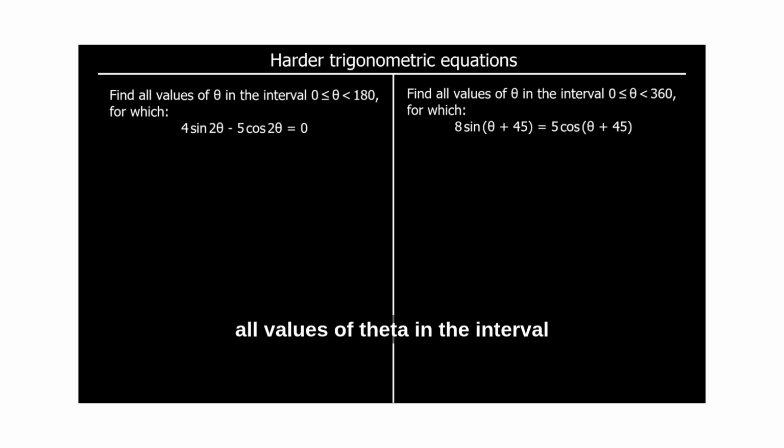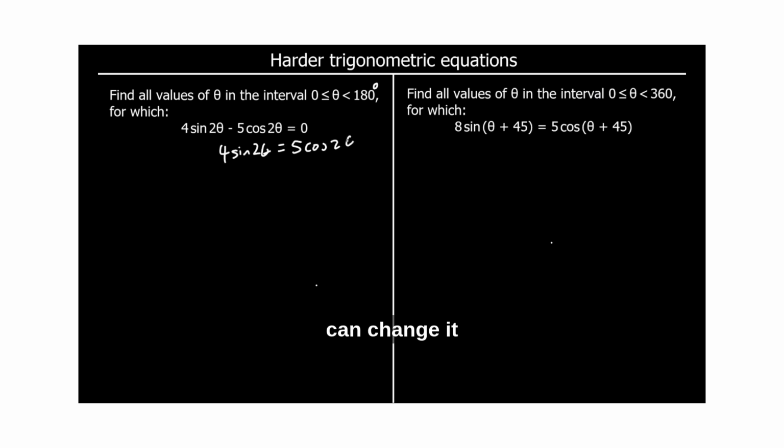Find all values of theta in the interval 0 to 180 degrees, for which 4 sine 2 theta minus 5 cos 2 theta equals 0. So when we have a sine and a cos, we can change it into a tan question. So sine over cos equals tan.